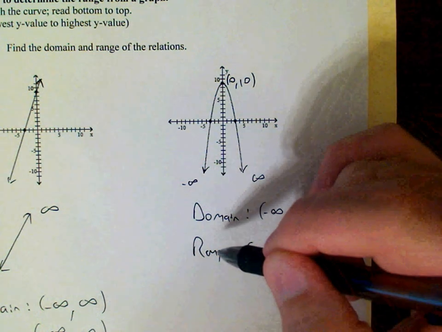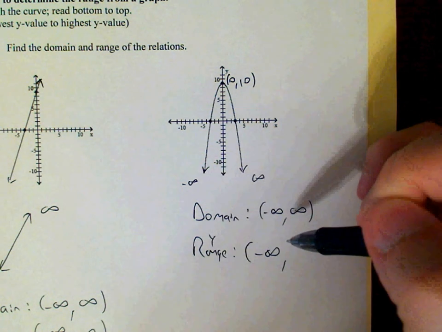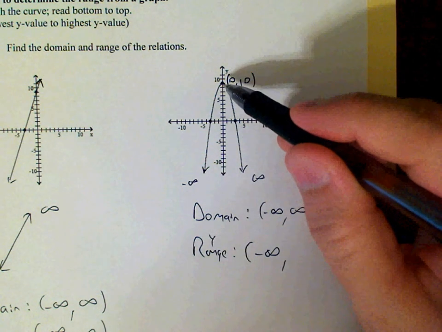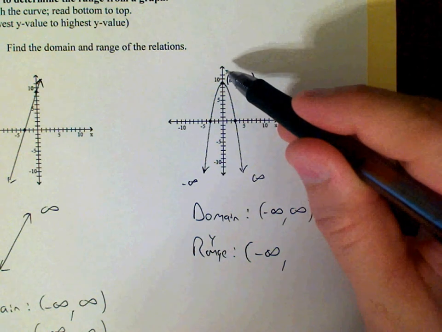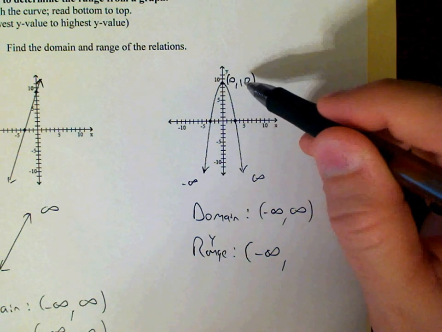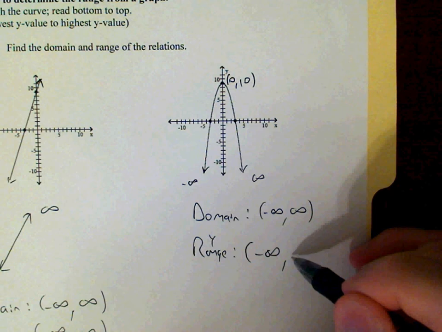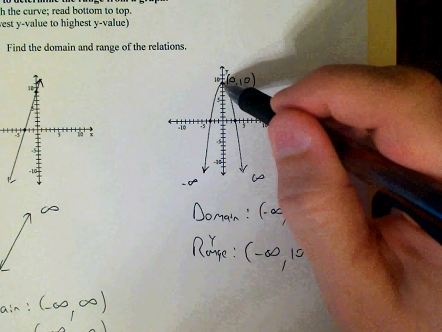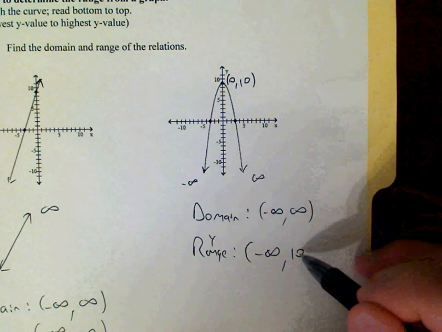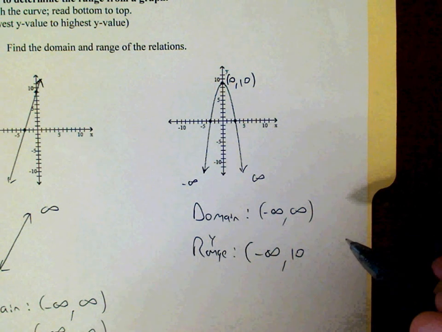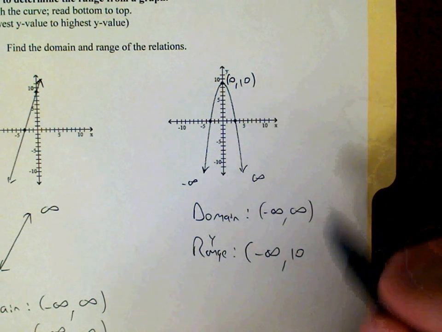Range is the y values. So what's the highest y value? Well, what's the y value of this point? Well, that y value is 10. And it is touching that point, and it's a closed circle, so that point's included, or that number I should say, is included. The point's included, which means that the y value is included. So I'm going to use a bracket.